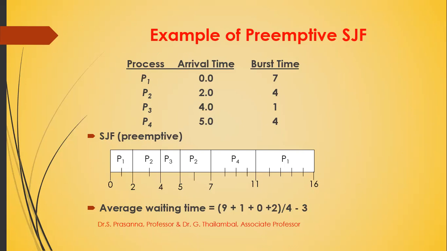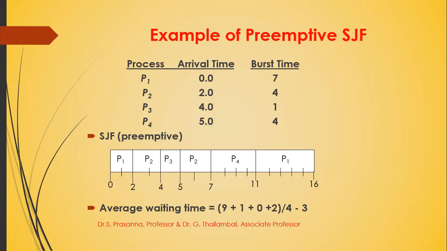P1 executed until the 2nd millisecond and waited until it got the last schedule, at the 11th millisecond. So already 2 milliseconds it has executed, therefore we subtract 11 minus 2 for P1. And when you check the waiting time of P2, it's 4.